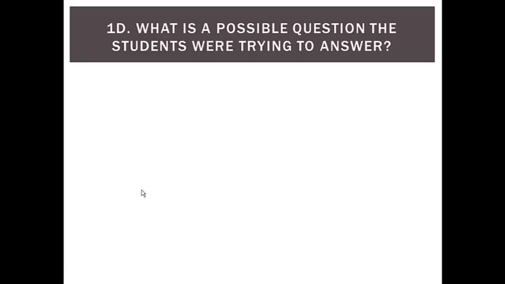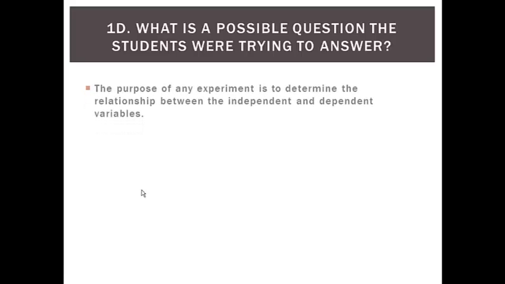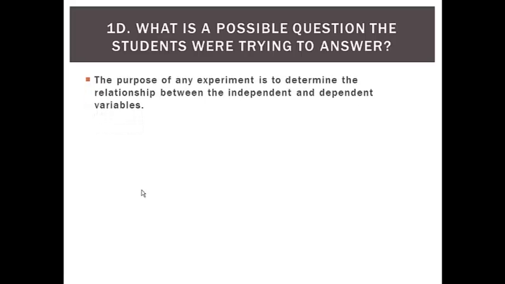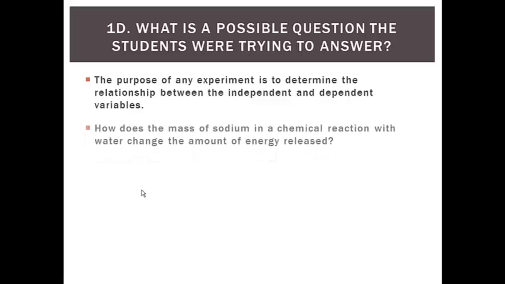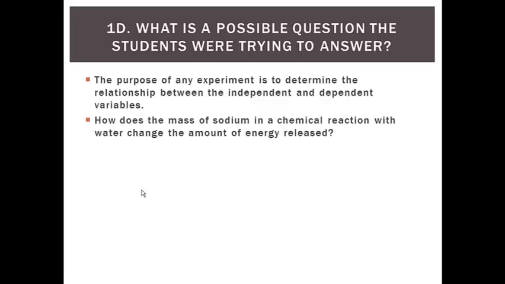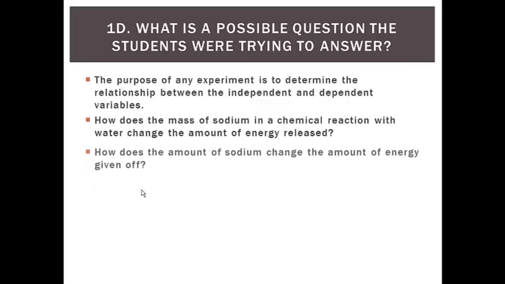What are some questions they are trying to answer? So the goal of any science experiment is to figure out how the independent and dependent variables are related to one another. So any question that puts together the independent and dependent variables is going to work.